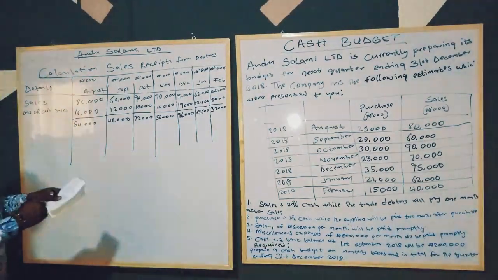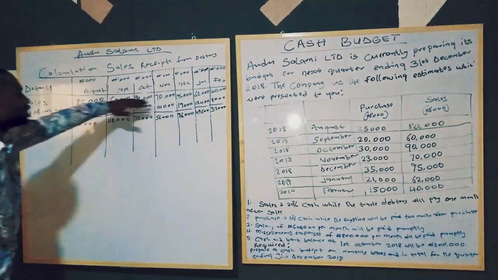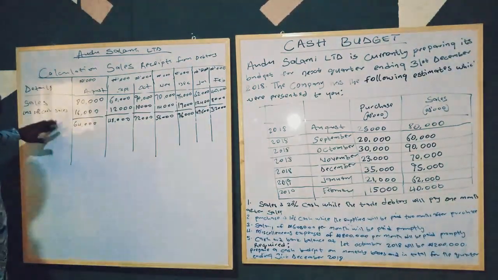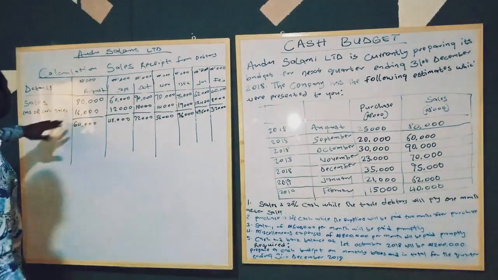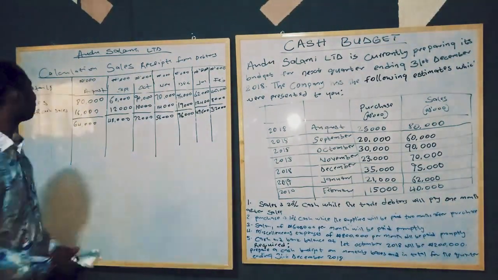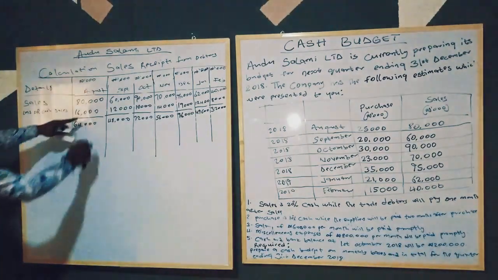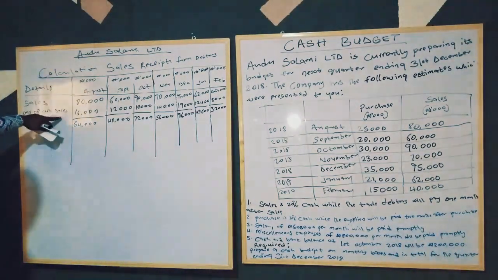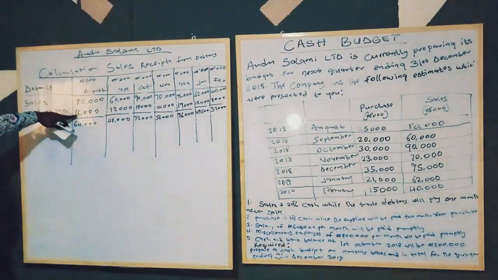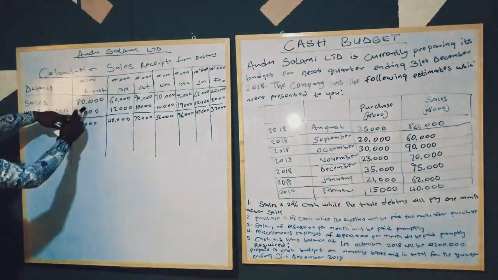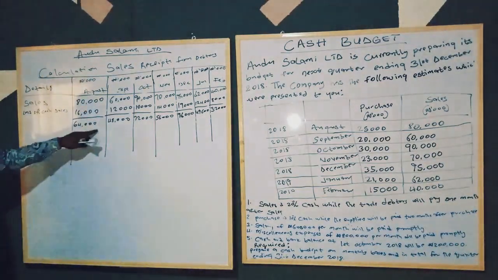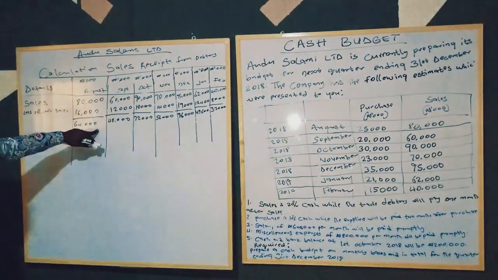That is what we just did here. This is our total sales. Then the additional information let us know that 20% of that total sales is going to be cash, while the remaining one will be paid a month after. So this is the remaining one, which is the credit sales.